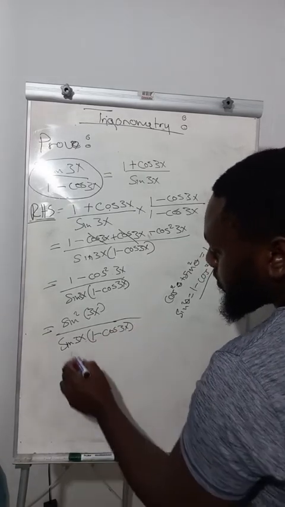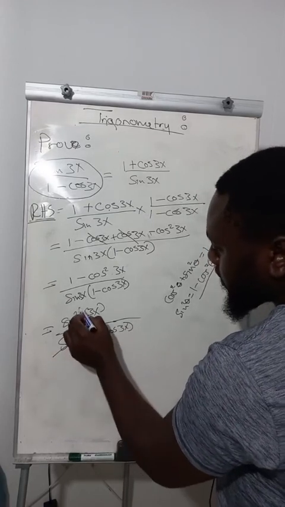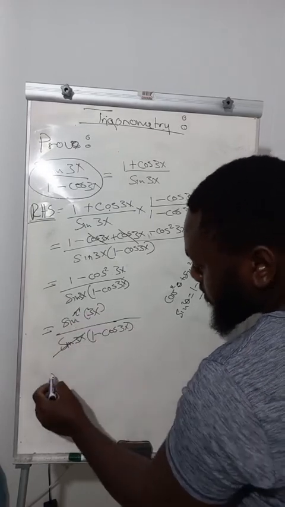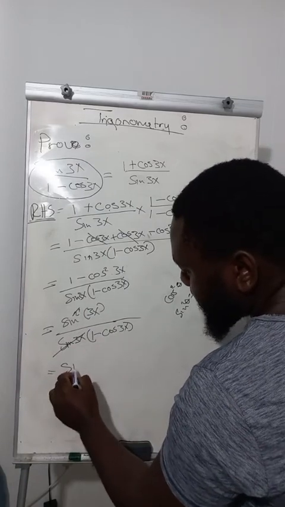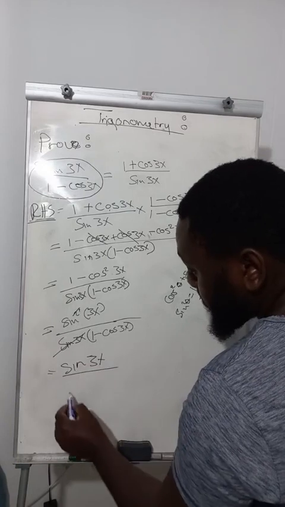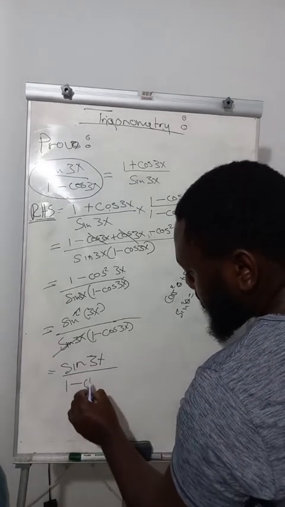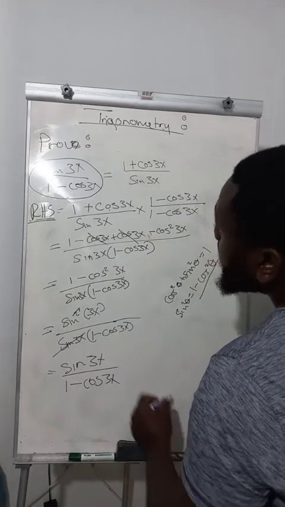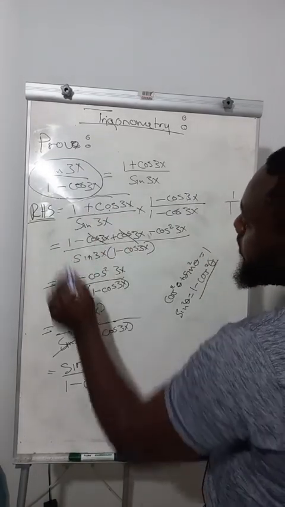So now cancel this with the squared there, and you'll be left with 1. So your final answer will just be sine 3x all divided by 1 minus cos 3x. If you check, they are equal.